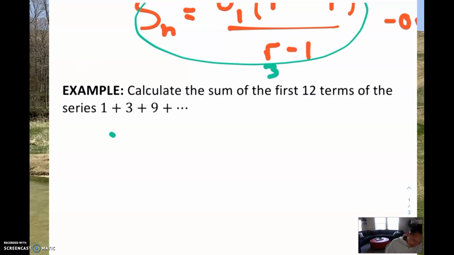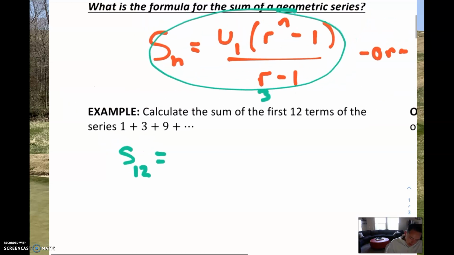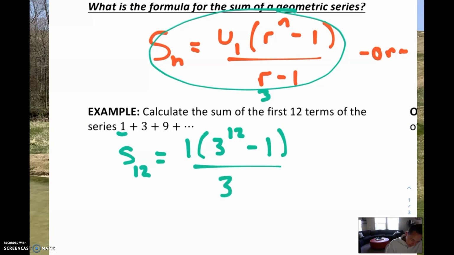So to find the sum of the first 12 terms, all we have to do is take u sub 1, that's the first term, which is a 1, times your common ratio, which is a 3, raised to the nth power, we have 12 terms, subtract 1, all over 3 minus 1.